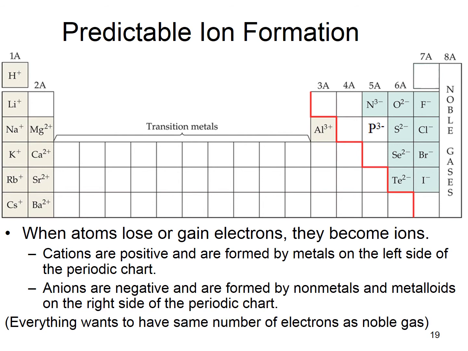It's stuck in the middle. We're going to ignore them. There are exceptions to things like lead and tin, which are down here, but we're not going to spend much time with them. Gallium and indium sometimes form +3 charges as well, but it's more complicated for reasons we'll get into later.